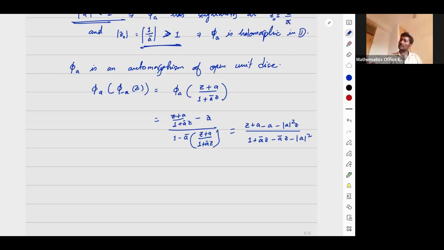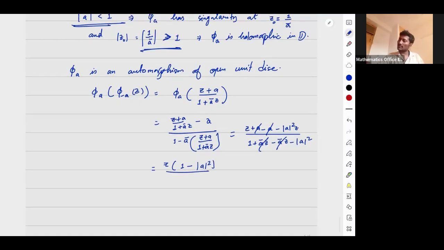Now A minus A gets cancelled from numerator and denominator. These two get cancelled. We take Z common outside. We are left with 1 minus mod A square in the numerator, and in the denominator we are getting 1 minus mod A square.